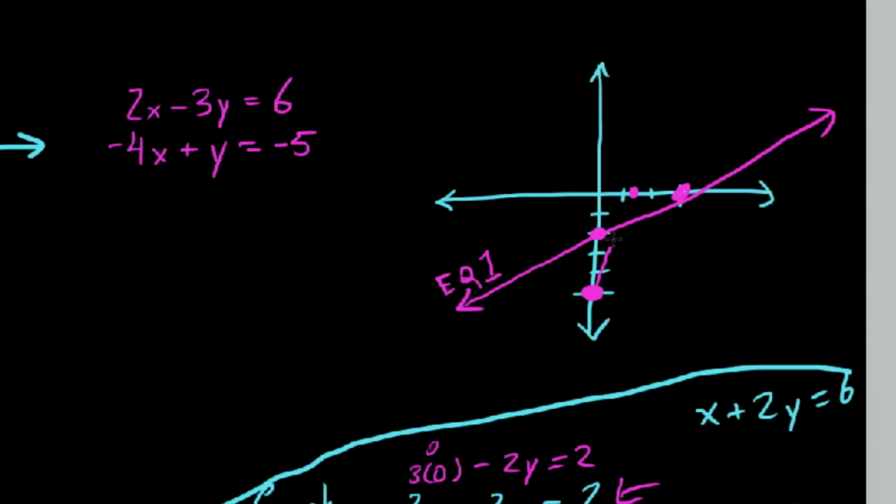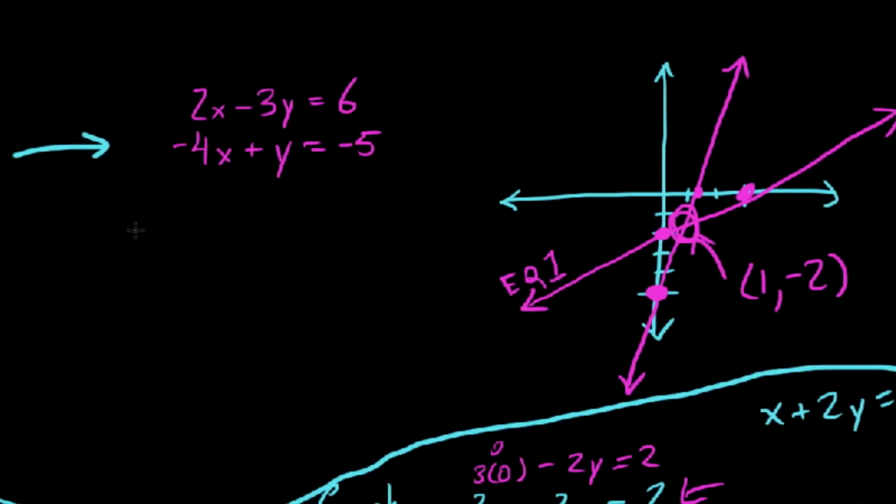So we say, okay, what is the solution to this system? Is there a solution that exists? And it would have to be this point right here. And so if I had to guess at this, I would say this is about over 1 down 2. Now I can't be certain, but just as we did in the beginning, we said check to see if it's a solution to the system. Well, check to see if it's a solution just means plug it back in. The only stipulation here is that we got to plug it back into both.